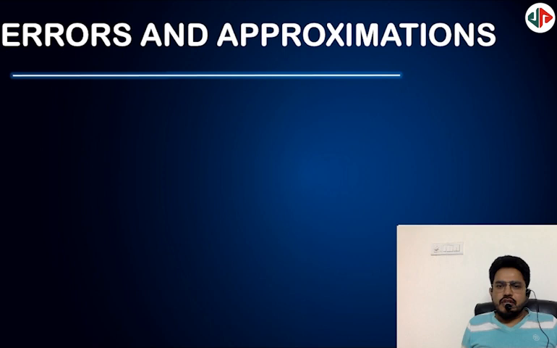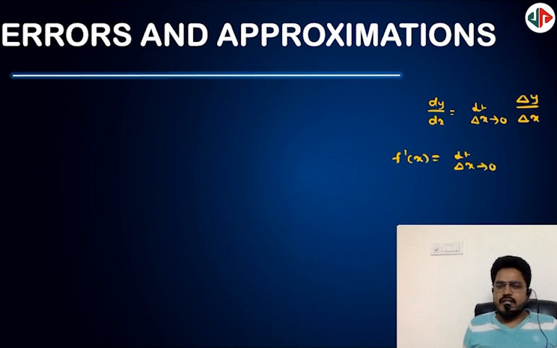See, we all knew that dy by dx is equal to limit delta x tending to 0 change in y by change in x, or we will be writing f dash of x is equal to limit delta x tending to 0.